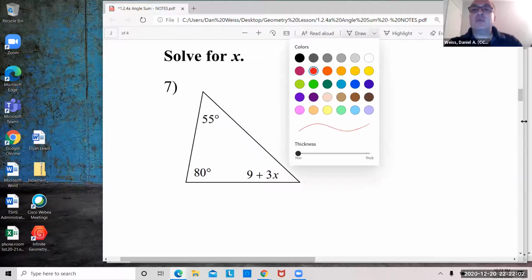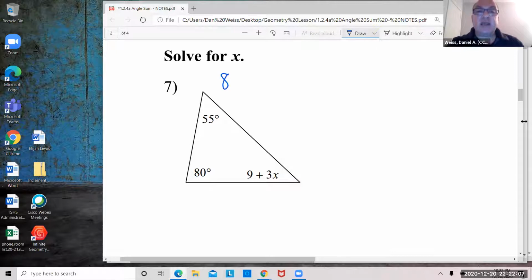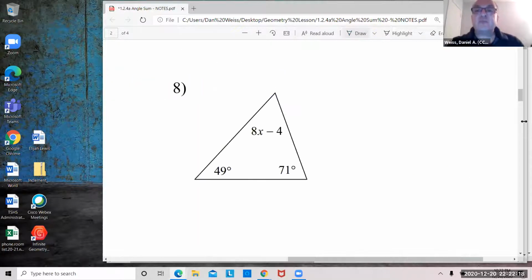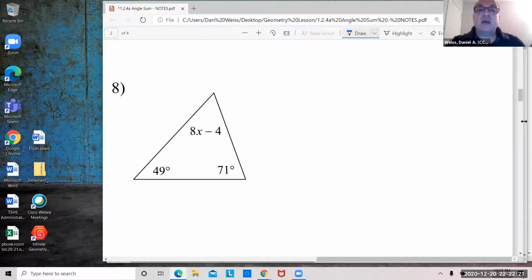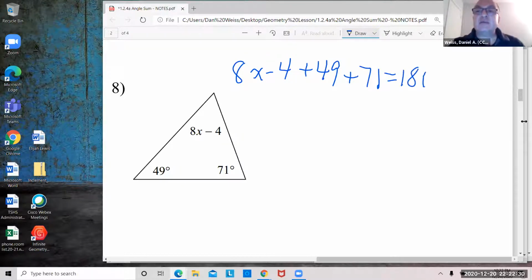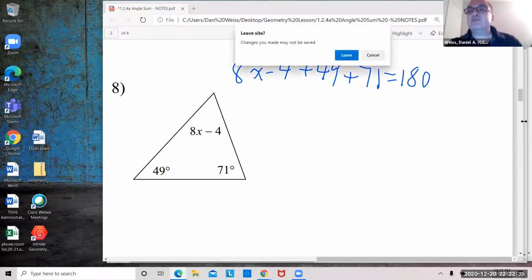The three angles add up to 180. 80 plus 55 plus 9 plus 3x equals 180. Solve for x. Same thing. 8x minus 4 plus 49 plus 71 equals 180. Solve for x. That's how you do those problems.